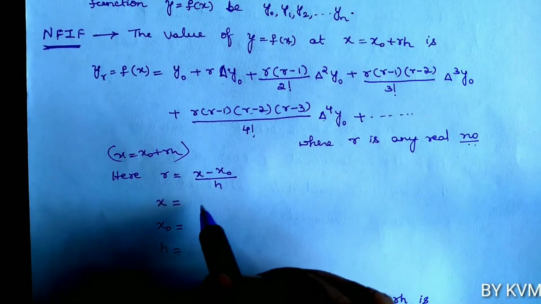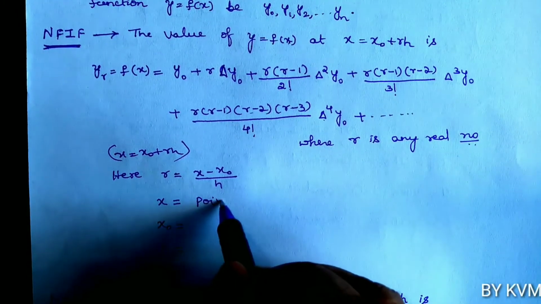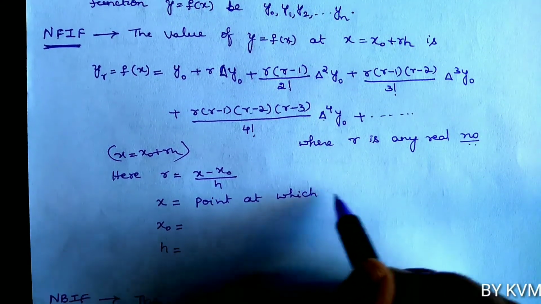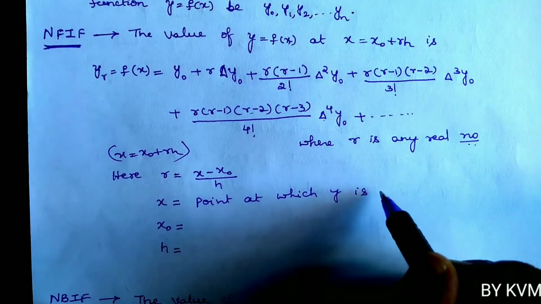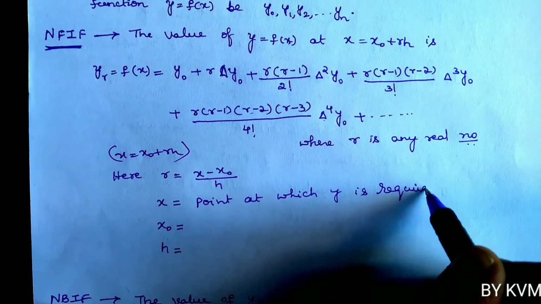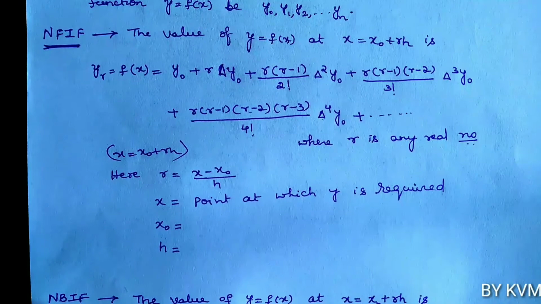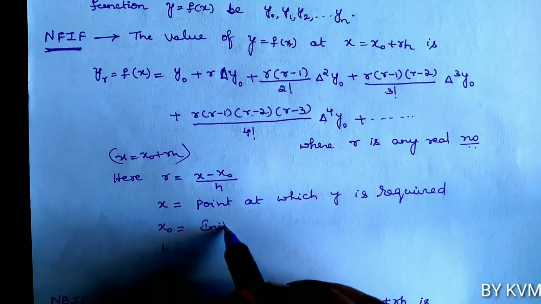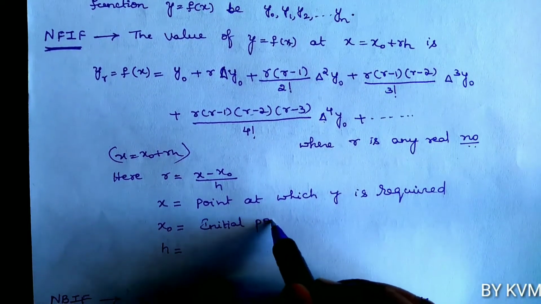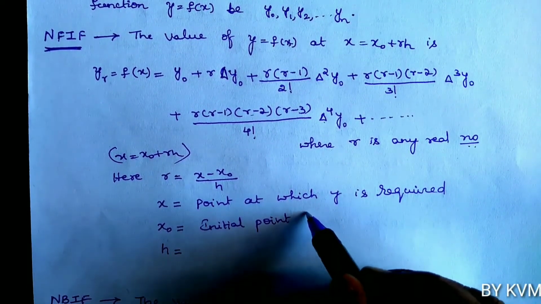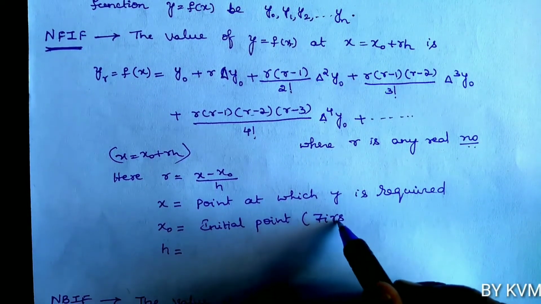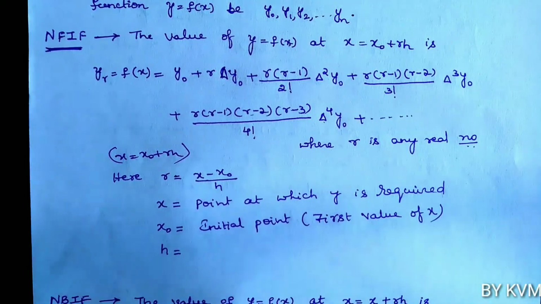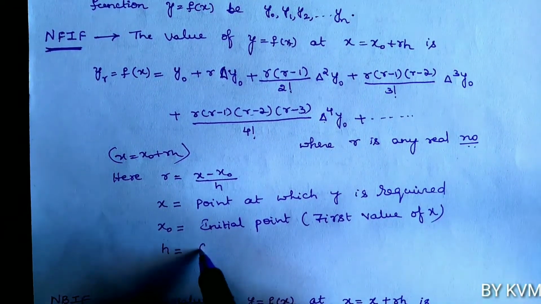So x is the point at which y is required, and x naught is the initial point or first value of x. You can take first value of x, and h is the common interval length.